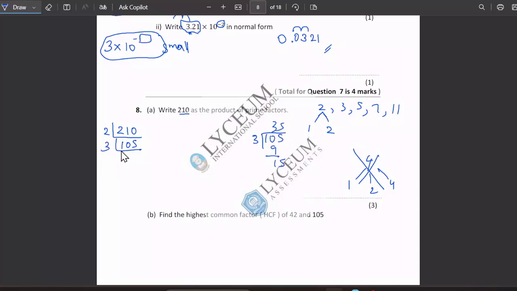After dividing by 3, we get 35. Then we can divide this by 5. Then we get 7. Okay. So these are the prime factors we have. Until we get 1 here, we can divide. So now we can write 210 as 2 times 3 times 5 times 7.